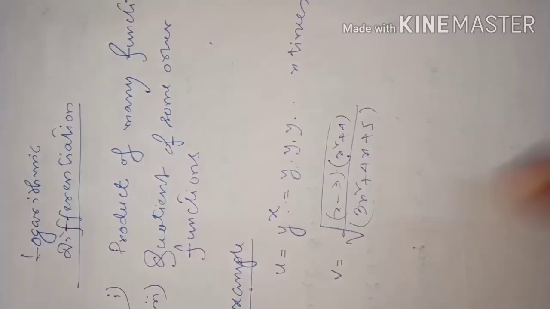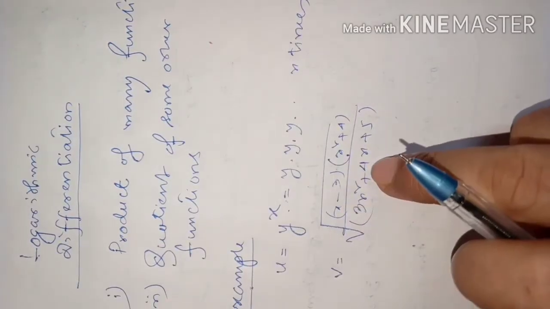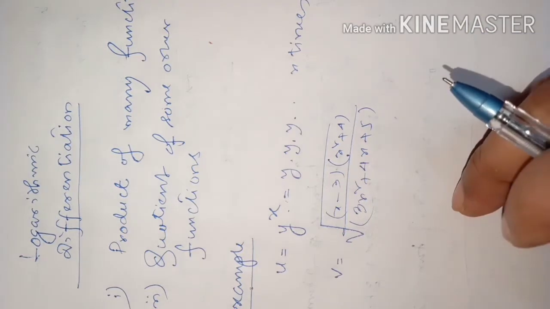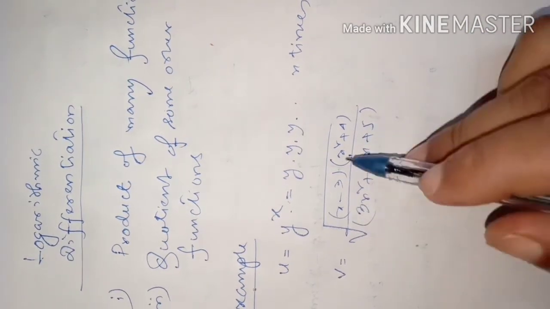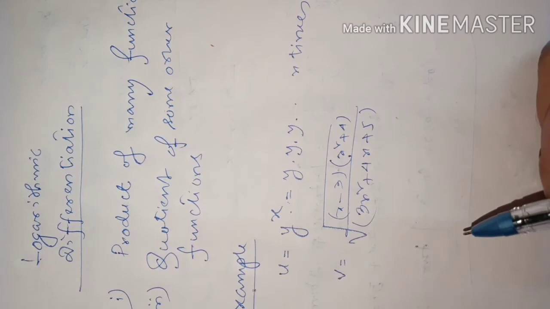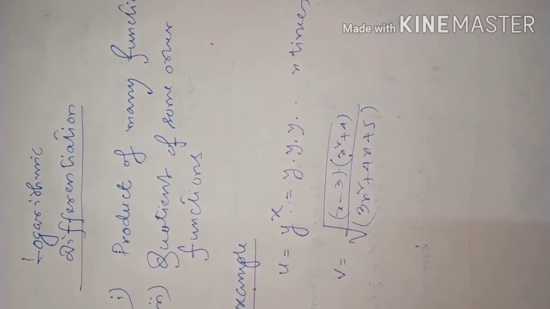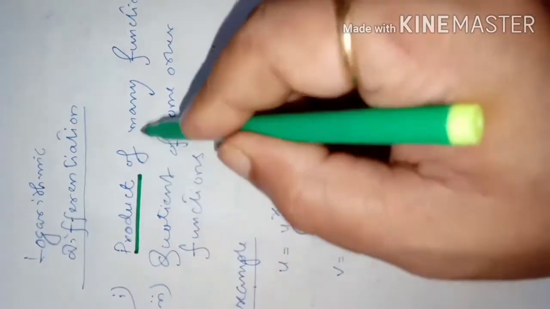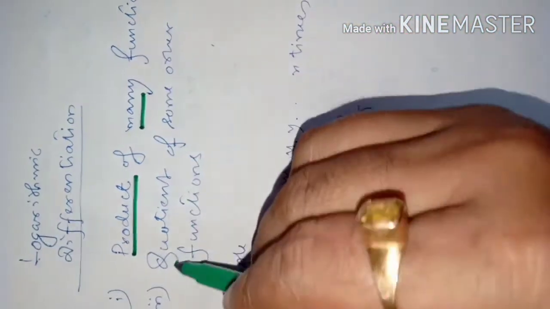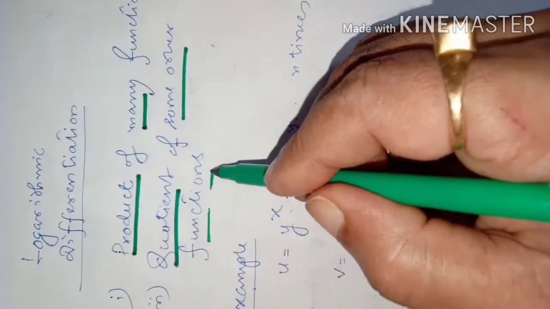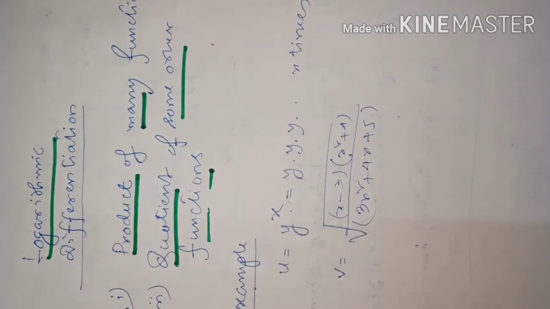If the function is of this type, a quotient of two or more functions, then there also we can use logarithms. So when the given function is a product of too many functions, or a quotient of some other functions, then we can use logarithmic differentiation. Let us see how to apply this.